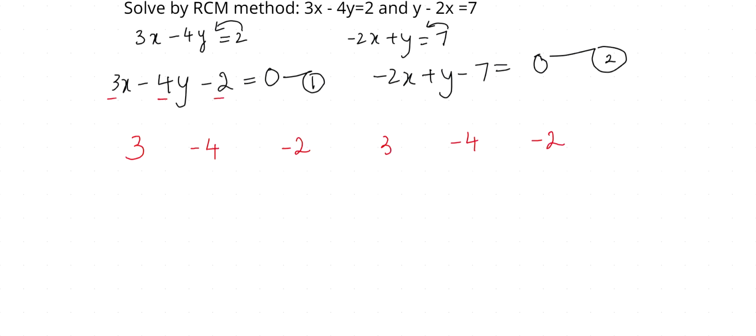Same thing for equation 2: minus 2, 1. Coefficient of y is 1 here. When nothing is mentioned, it is 1. And then minus 7. So minus 2, 1, minus 7. Write it again. Minus 2, 1, minus 7. Then fence out the borders. Strike them out.